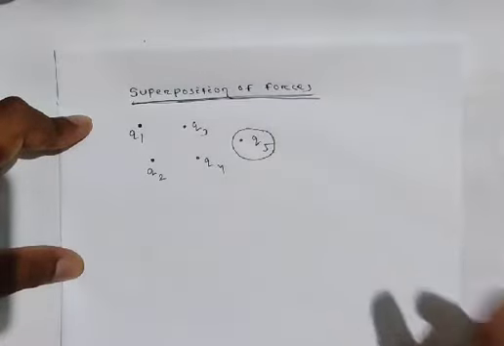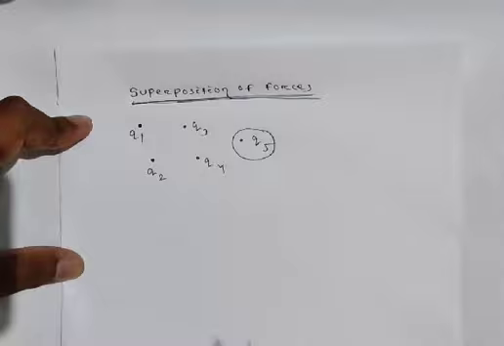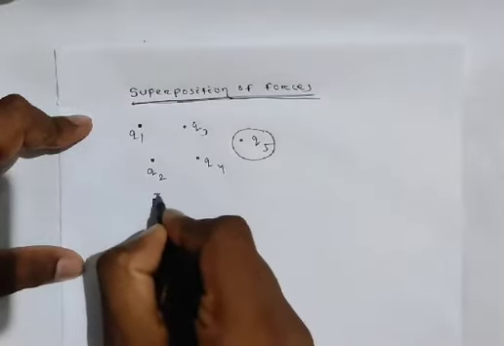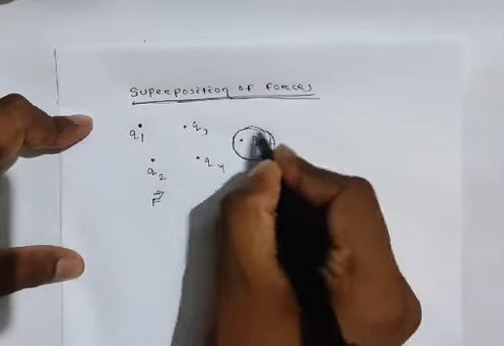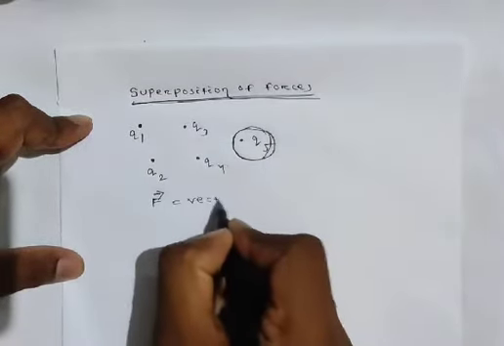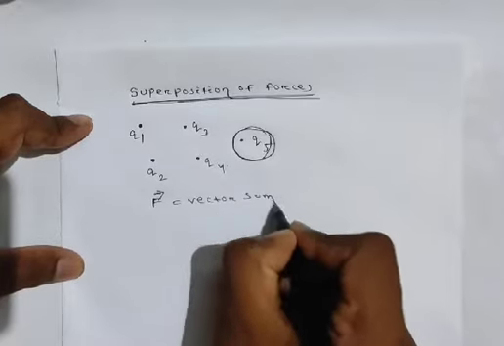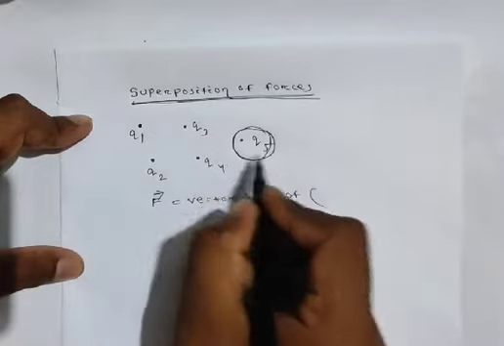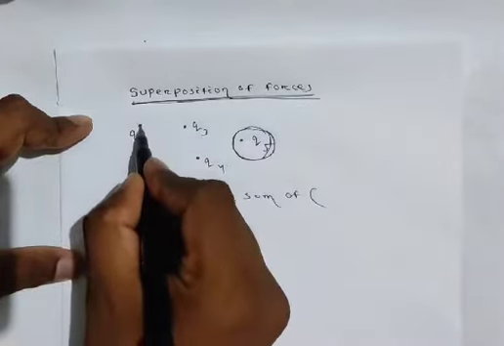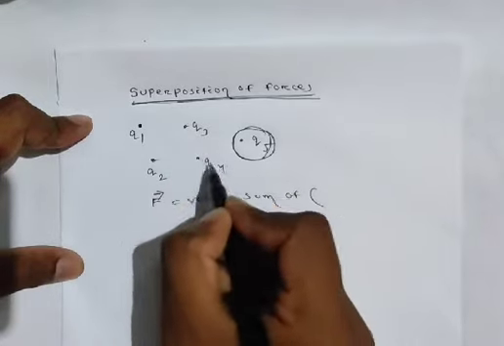It will be the vector sum of all the forces produced by the individual charges, that is, the vector sum of the forces produced by Q1, Q2, Q3, Q4.